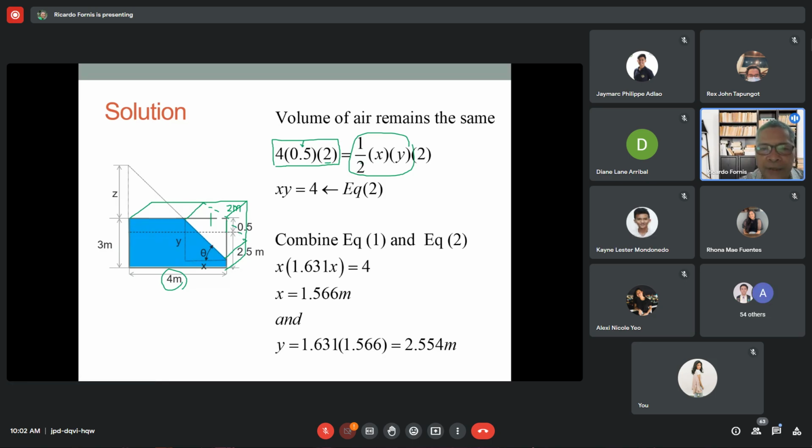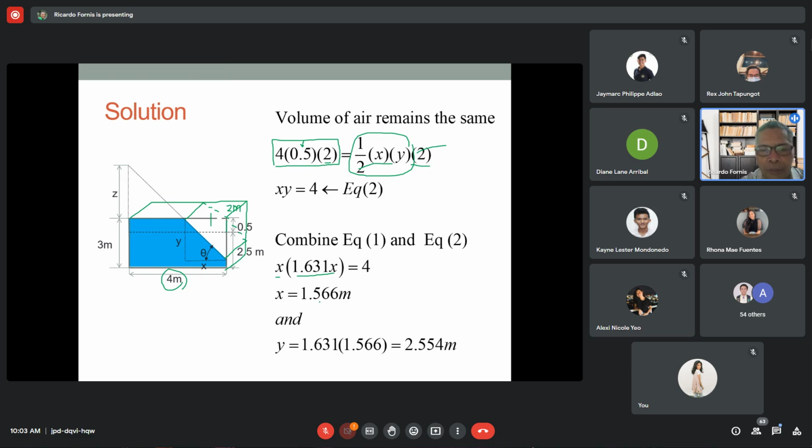Cross-sectional area, triangle, 1/2 base times height, multiplied by the thickness, 2 meters. Meaning, the value xy equals 4. This is equation 2. Then we combine equation 1 and 2, x times y, where y is 1.631x.